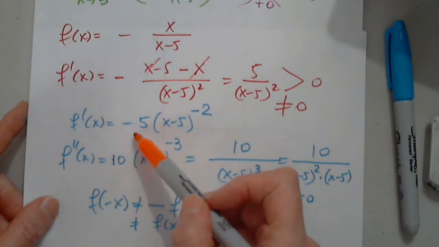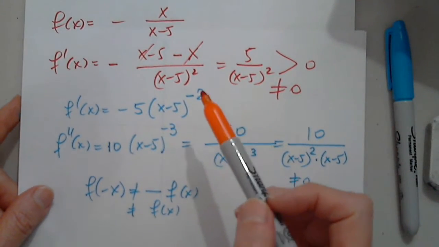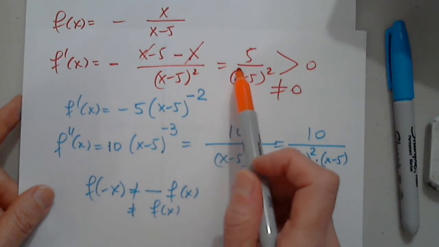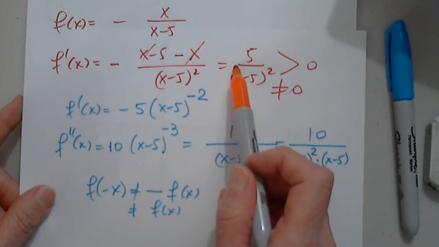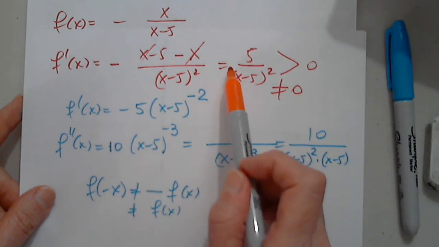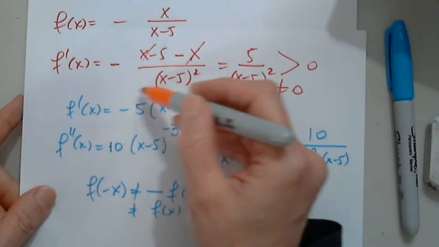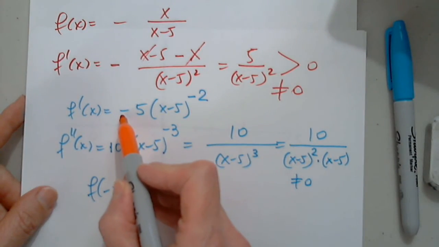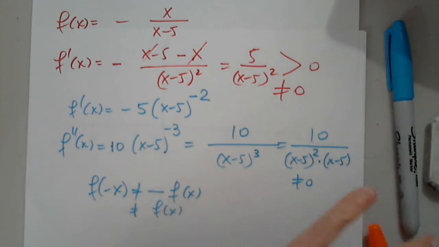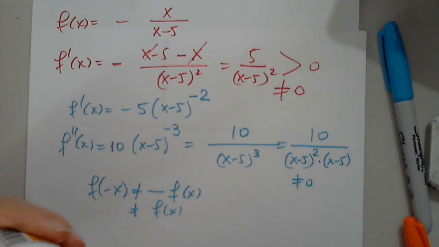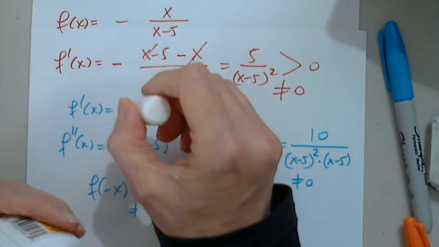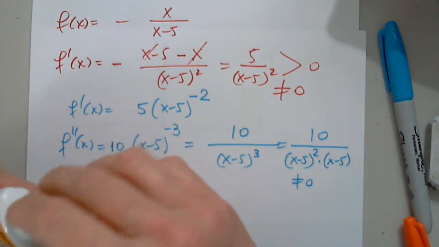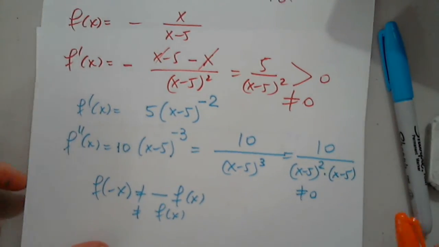And here's what happened. This was positive, but I copied negative here. See my error? From here, I copied a minus in front. So that's all I want from my students, to say, oops, something is wrong.